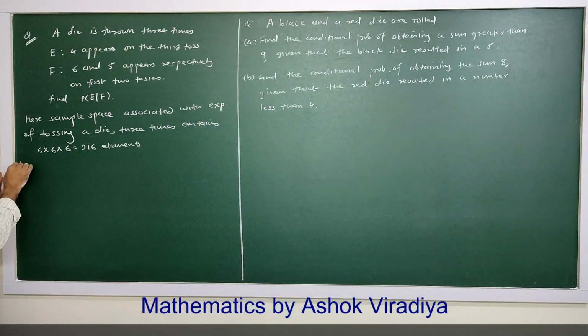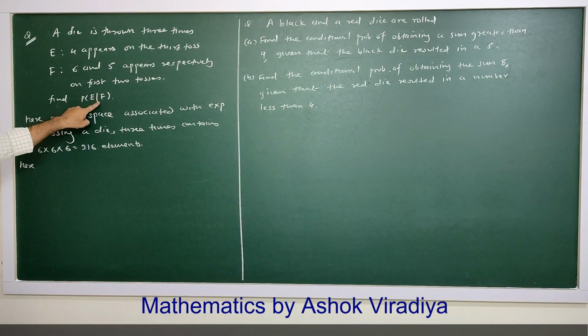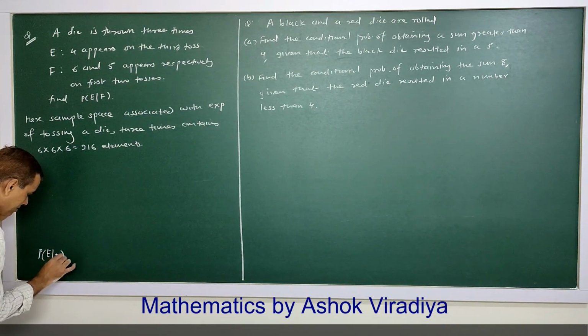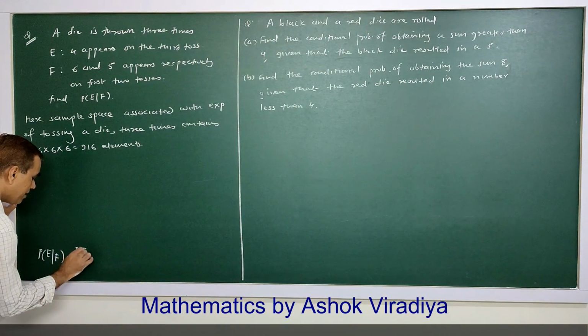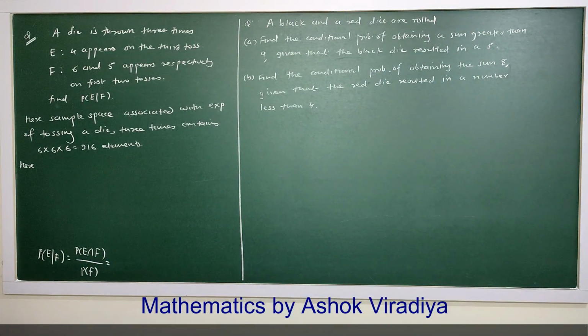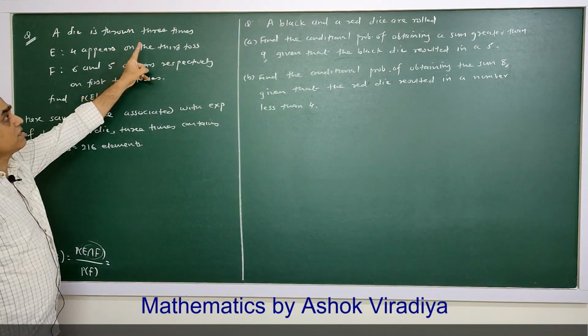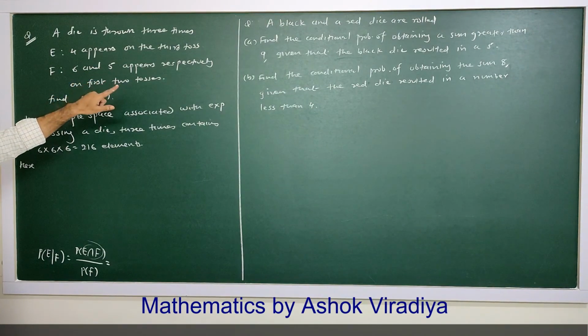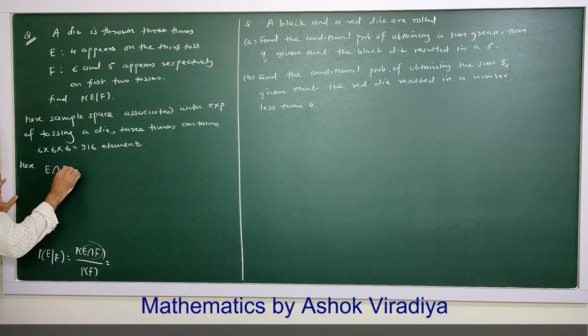Now, we want the probability of E by F. By the formula we require the probability of E intersection F upon P of F. First we think about E intersection F. E intersection F means the set of elements satisfying both conditions: 4 appears on the third toss, and 6 and 5 appear respectively on the first 2 tosses.